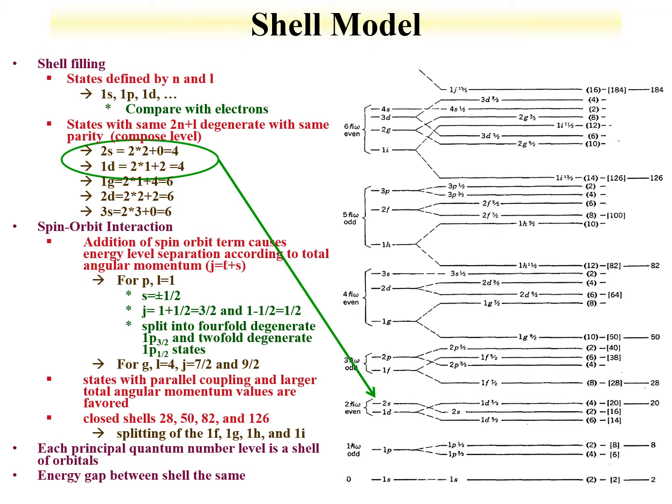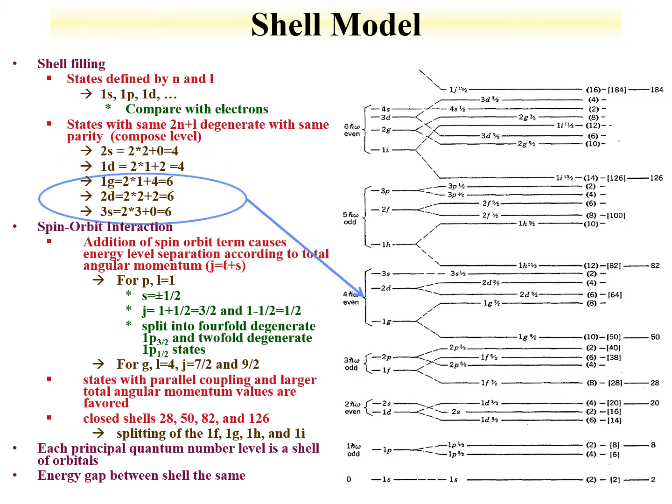For 2s, 2 times 2 plus 0 is equal to 4, right? Because the n number is 2, the l number is 0 from s. For the 1d state, the n is 1, the l is 2, where s, p, d, right? So 0, 1, 2, the d is 2. So that's 2 times 1 plus 2 is equal to 4. Those two states are degenerate.